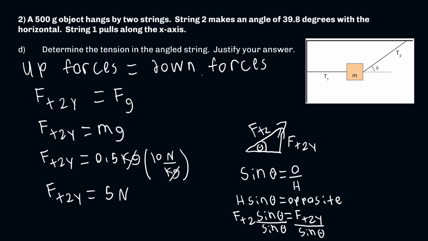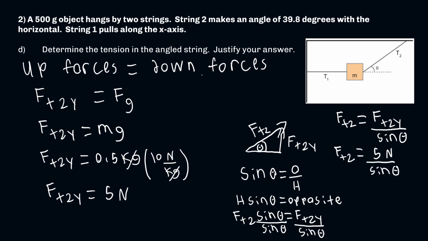So we're going to plug this in here, and I have here that then Ft2 is equal to Ft2y all over sine theta, and I was given these numbers. Well, I found Ft2y, but I did not find theta. They gave me theta. So Ft2y is just 5 newtons.